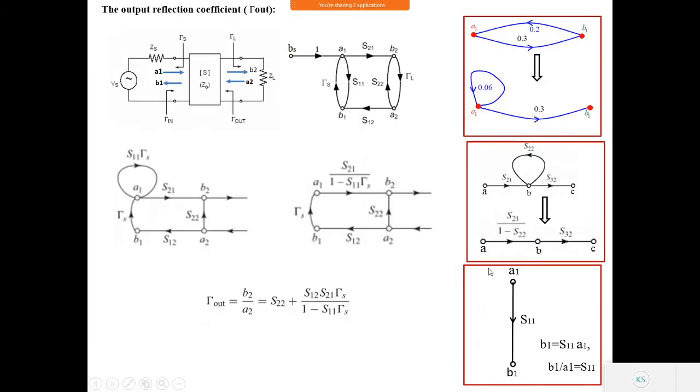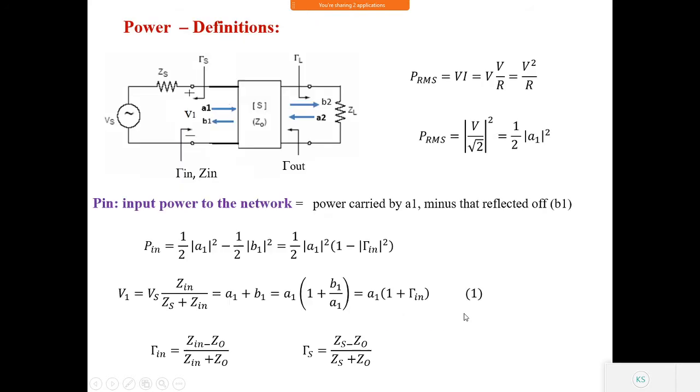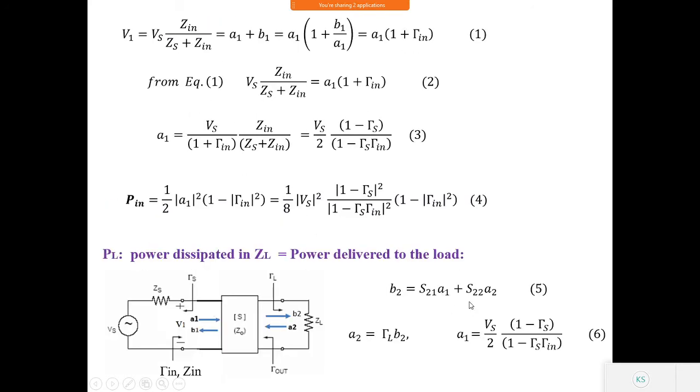So that is written here, B2 equals S21 A1 plus S22 A2.